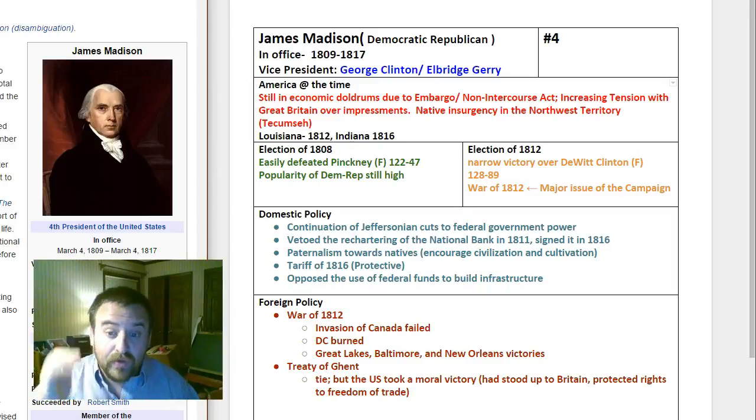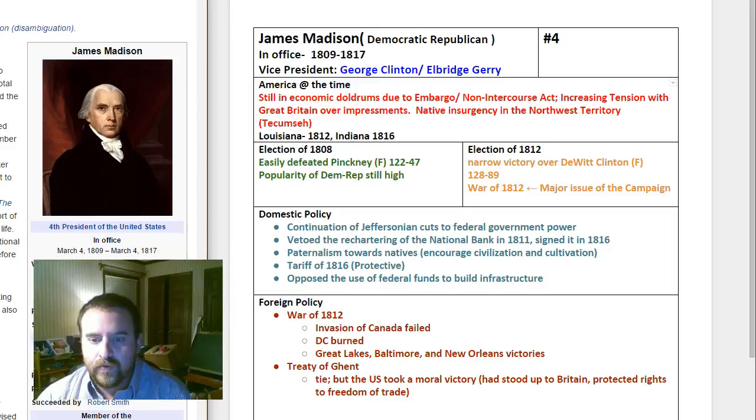And he's going to oppose the use of federal funds to build infrastructure. One of his last acts of the presidency before he leaves office is to veto a bill that would provide funds for new infrastructure projects like canals and roads. Like many people from the South during this time, he is a states' rights man in that way.